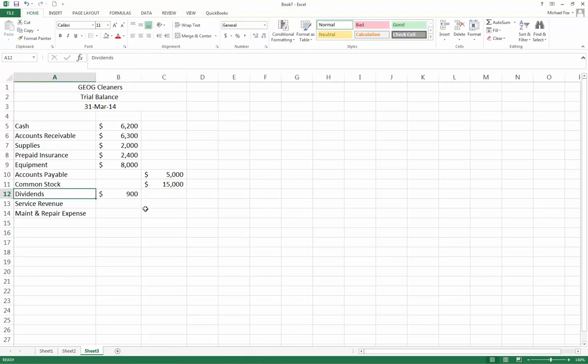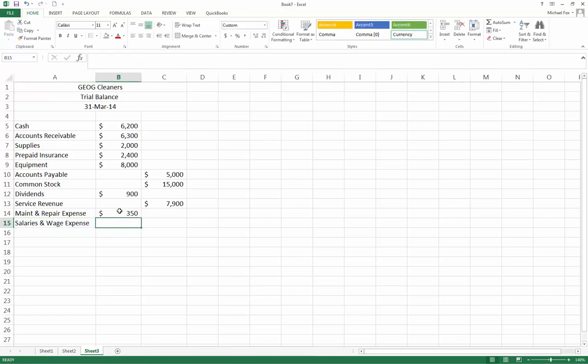Dividends 900. Service revenue 7,900. Maintenance and repair expense is 350, and I forgot salary and wage expense, which was 1,750. That should be everything.